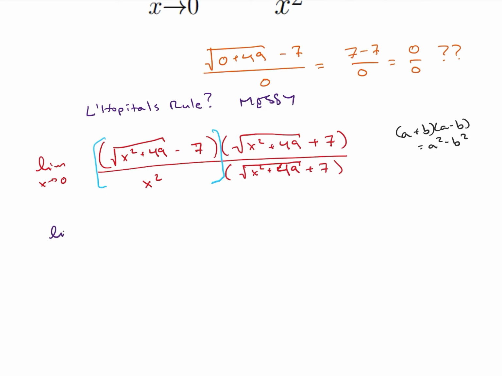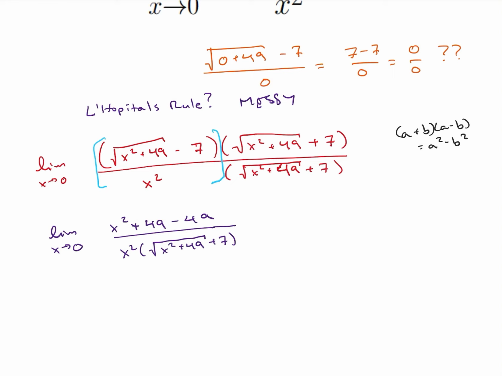We're now going to have the limit as x approaches 0 of x squared plus 49 minus 49, divided by x squared times the square root of x squared plus 49 plus 7.